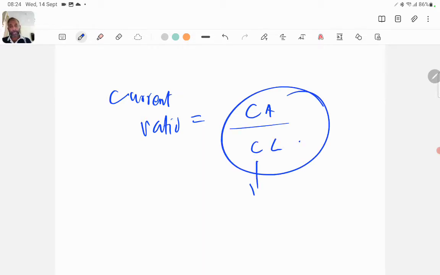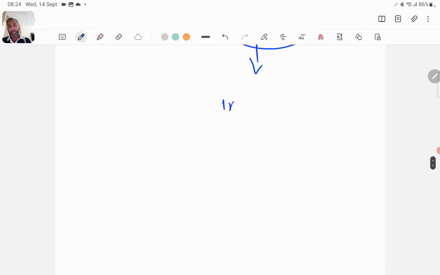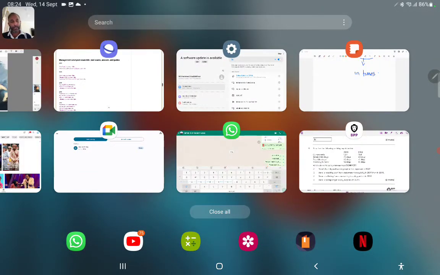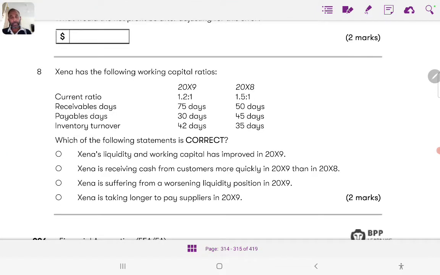The answer we get here is in times. Accordingly, last year I had $1.5 of current assets to settle every $1 of current liability, and the situation has worsened, with only $1.2 now.